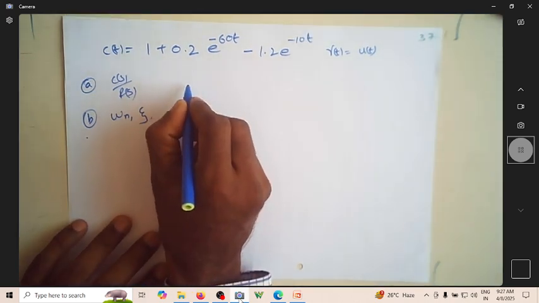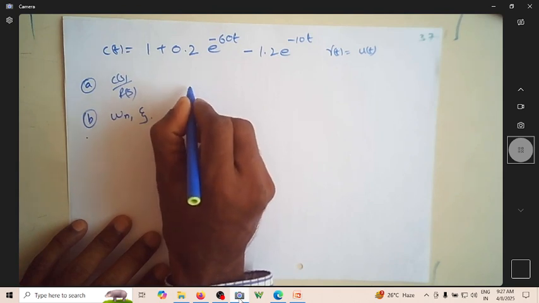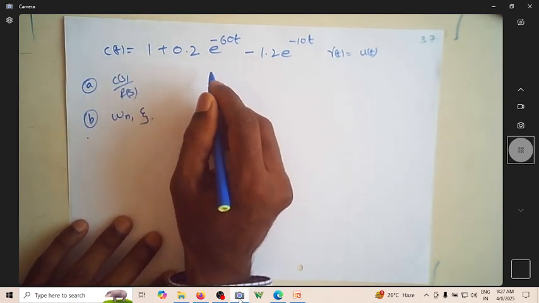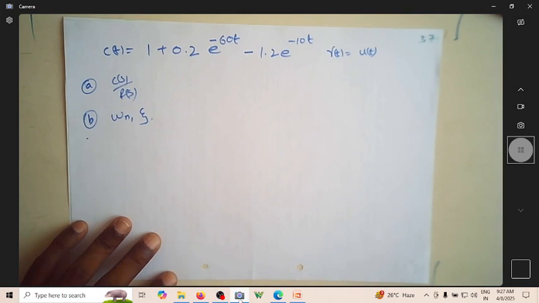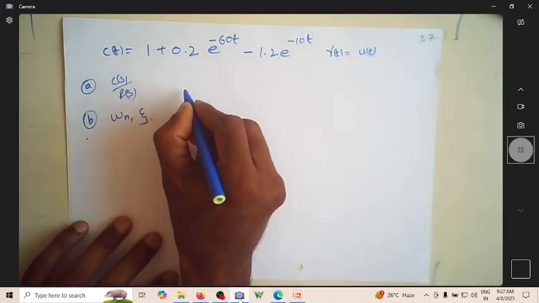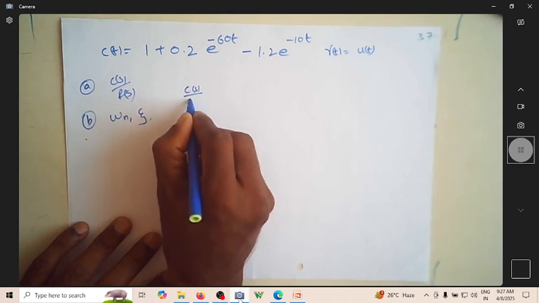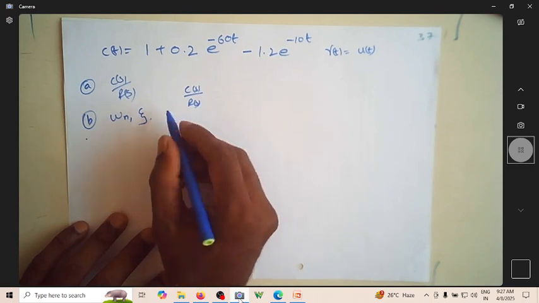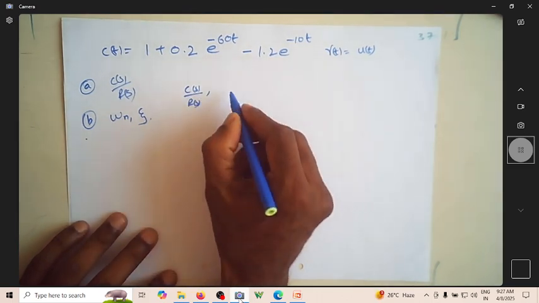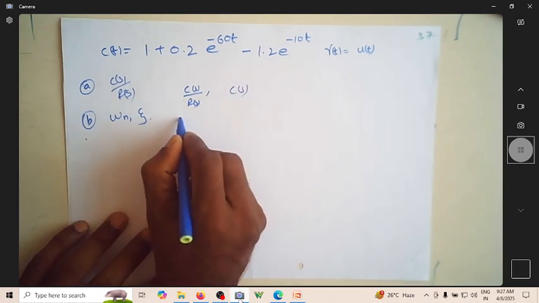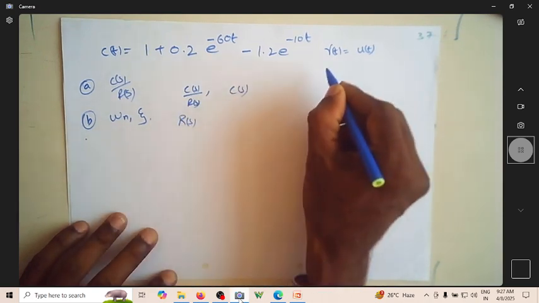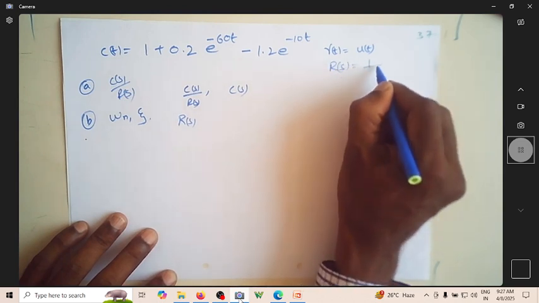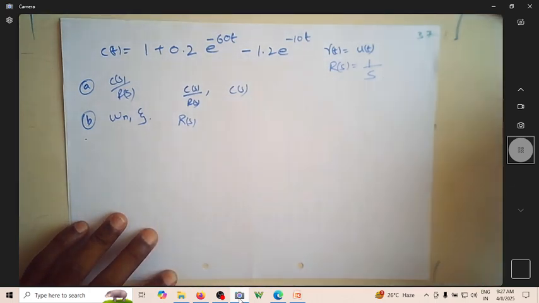We know that this is c(t). If you want to know C(s)/R(s), I should be finding C(s). With r(t) as the unit step input, the Laplace of this happens to be 1 over s.